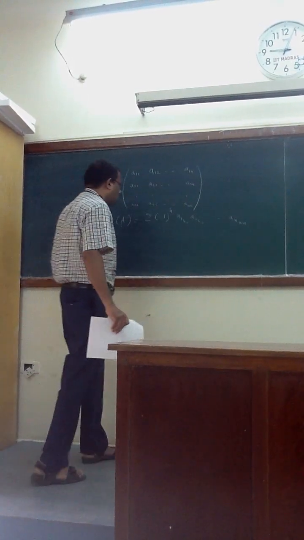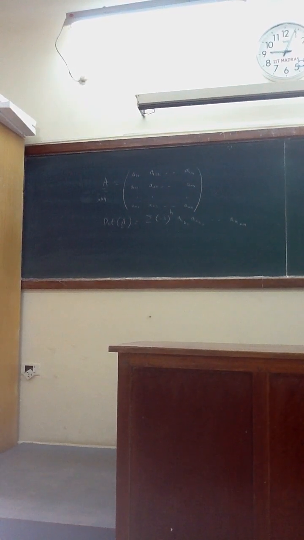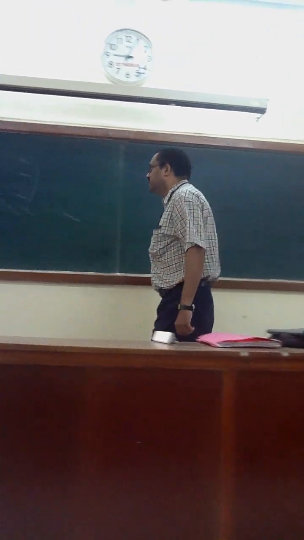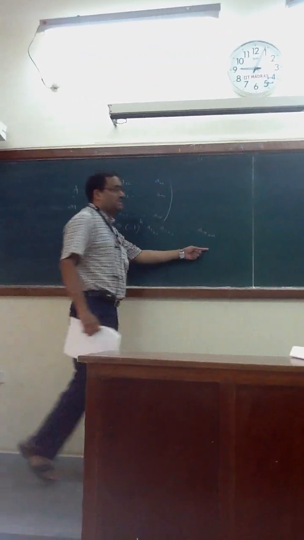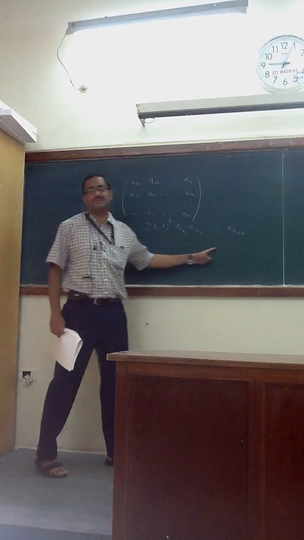So now there are so many unknowns here. K1 to Kn all vary between 1 to n, and no two Ki's are the same, they are different. That means in this product, K1, K2 denote different columns.